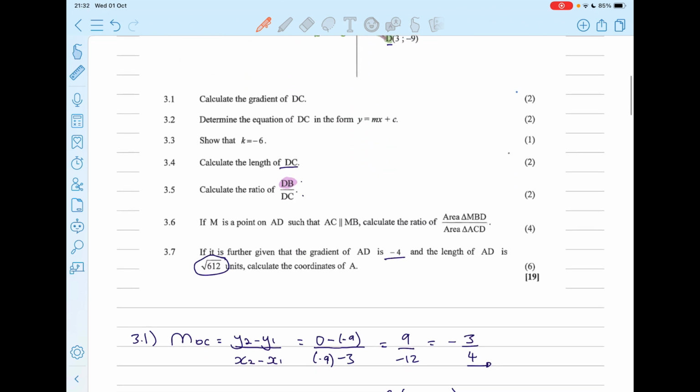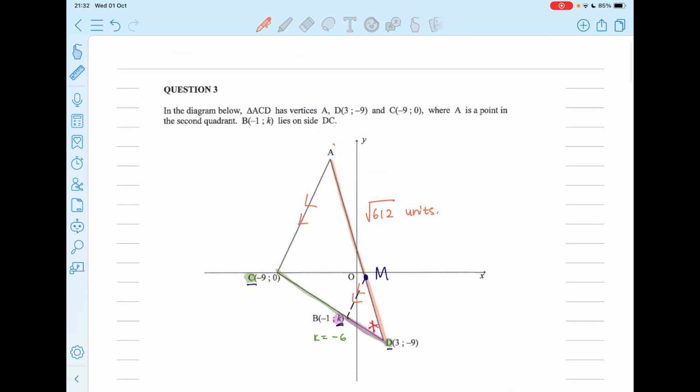Okay, so now we're looking for the coordinates of A. This is what we need. We have the length and we've got point D. So automatically that's telling us that we are going to have to use the distance formula. But remember, a coordinate is made up of the x value and the y value. So that means we've got two unknowns in our distance equation.